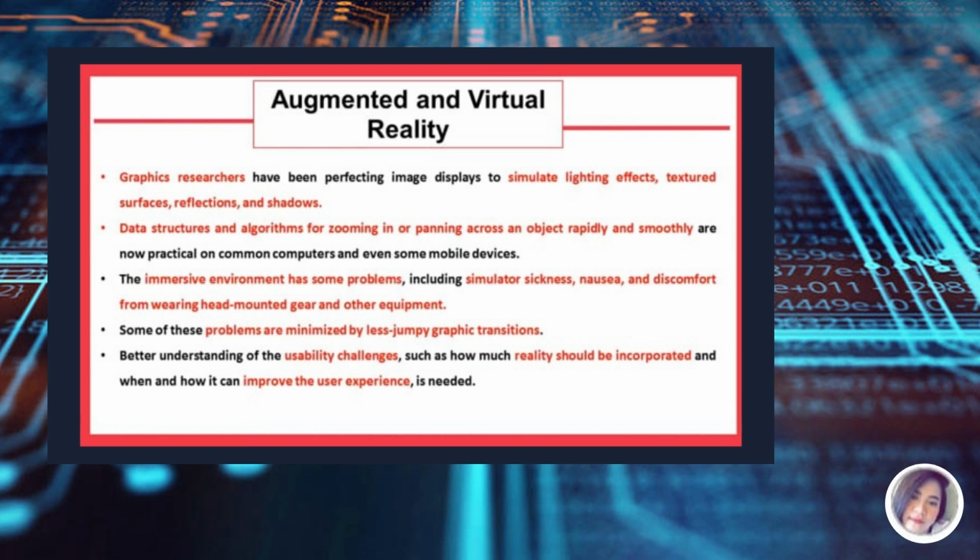The immersive environment has some problems, including simulator sickness, nausea, and discomfort from wearing head-mounted gear and other equipment. But some of these problems are minimized by less jumpy graphic transitions, and that is why a better understanding of the usability challenges is needed, such as how much reality should be incorporated, and when and how it can improve the user's experience.